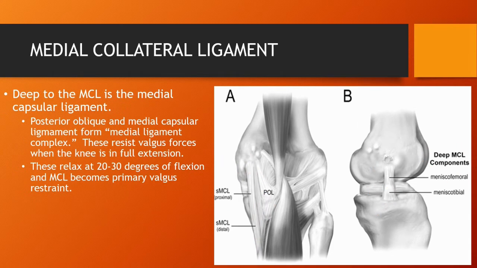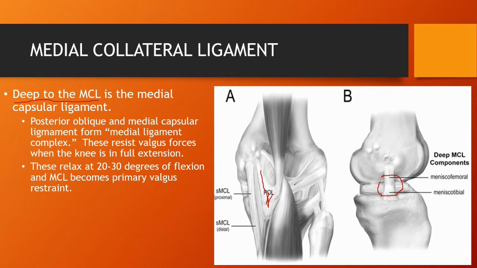Okay, so in addition to the superficial and deep components of the medial collateral ligament and the posterior oblique ligament, we also have a medial capsular ligament. The medial capsular ligament is deep to the medial collateral ligament, and the combination of the posterior oblique ligament and the medial capsular ligament underneath the deep aspect of the medial collateral ligament form what's referred to in the literature as the medial ligament complex.